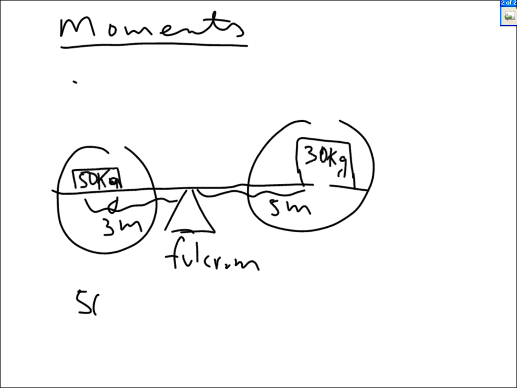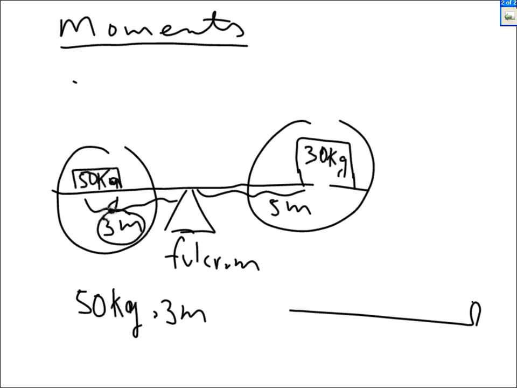On the left, you have 50 kgs times a distance of 3 meters. If you think about something, suppose you have this pole, and maybe it weighs 5 pounds. Well, if you picked it up in the middle, you wouldn't have any trouble.